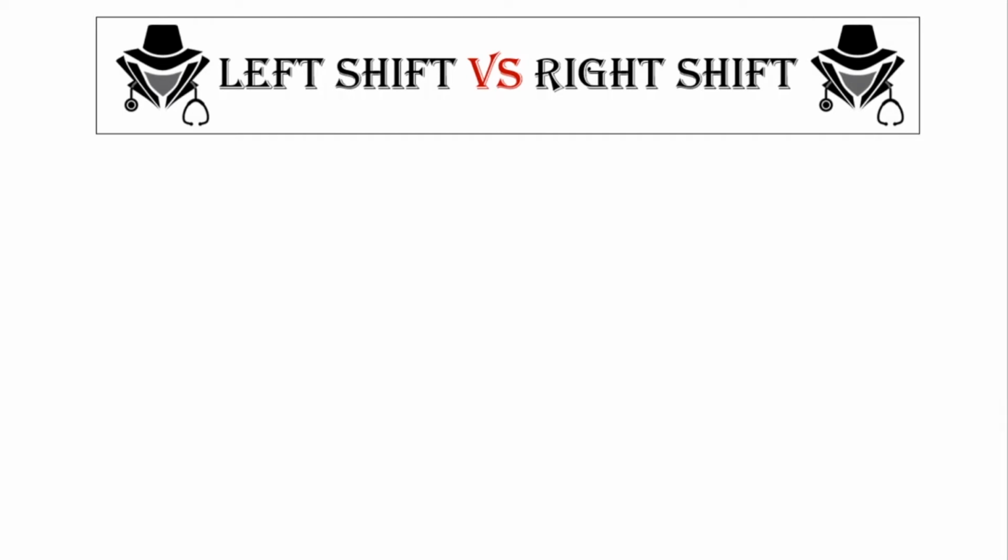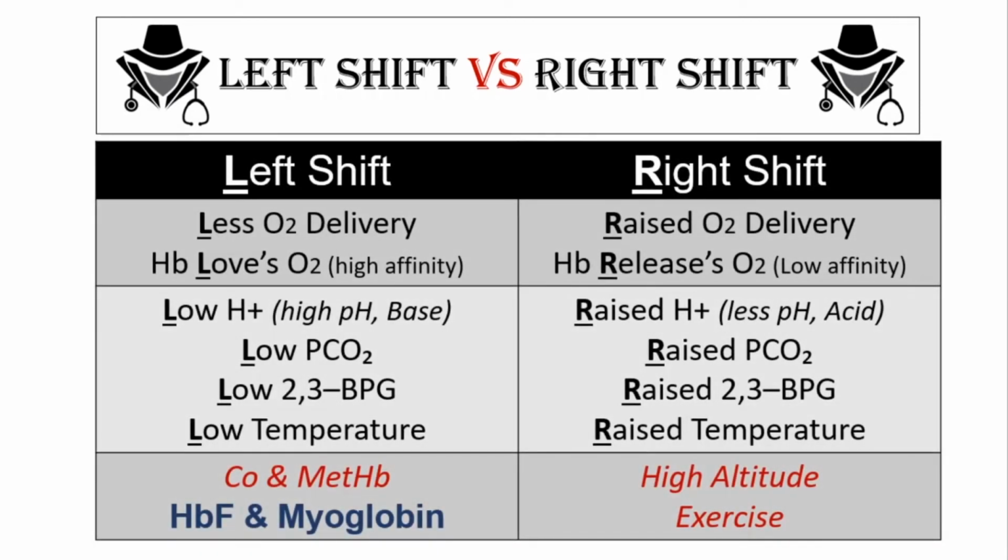So let's make an easy mnemonic to remind you of the comparison between the left shift versus the right shift, because this is usually tested heavily in many licensing exams. We will use the letters L for the left shift and R for the right shift.